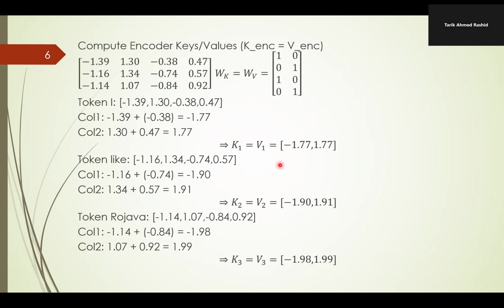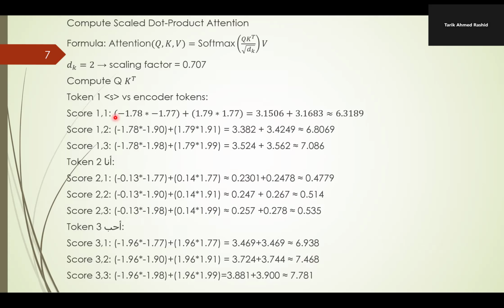Now, we multiply them by K transpose, where K1 is this one, K2 is this one, K3 is this one. After doing all this calculation, we get the value for each score: 1 to 1, 1 to 2, 1 to 3. Then we do it for the ANA token 2, with a similar operation, and we get some values, and then for AHAB token 3, we get these values.